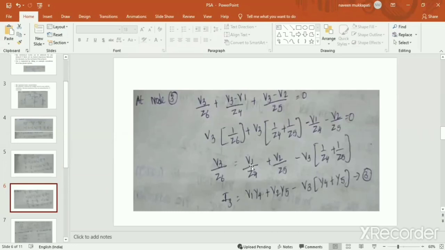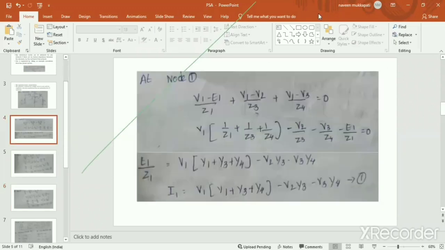Then V1 into Y4, since 1 by Z4 is Y4, and V2 into Y5, since 1 by Z5 is Y5, minus V3 into (Y4 plus Y5). This is equation number 3. These are the three equations.